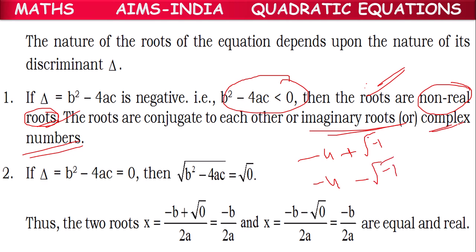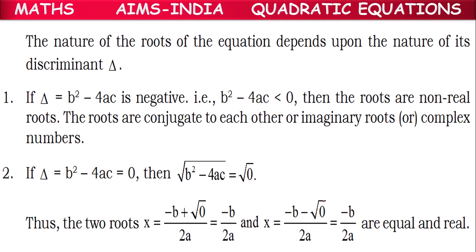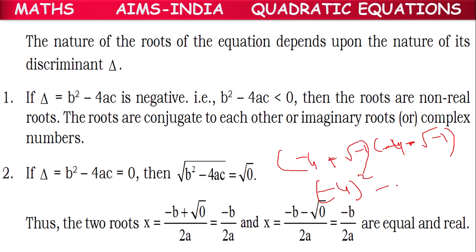If you multiply both, minus 4 plus root of minus 1 into minus 4 minus root of minus 1, this is in the form of (a plus b)(a minus b), which is equal to a square minus b square.